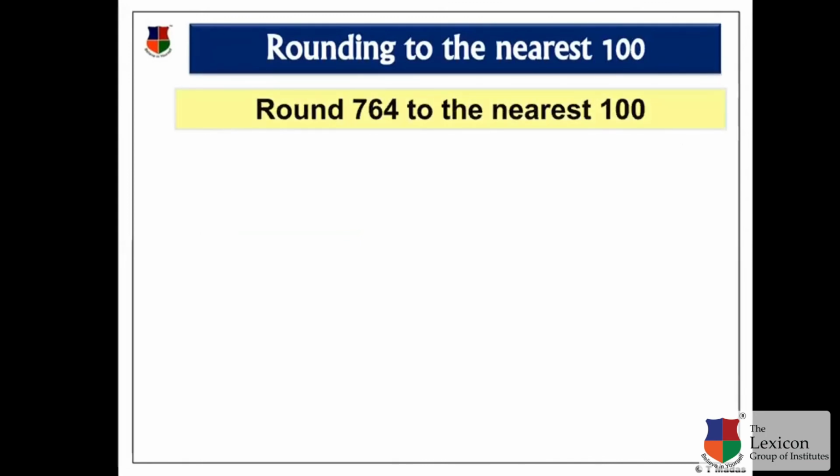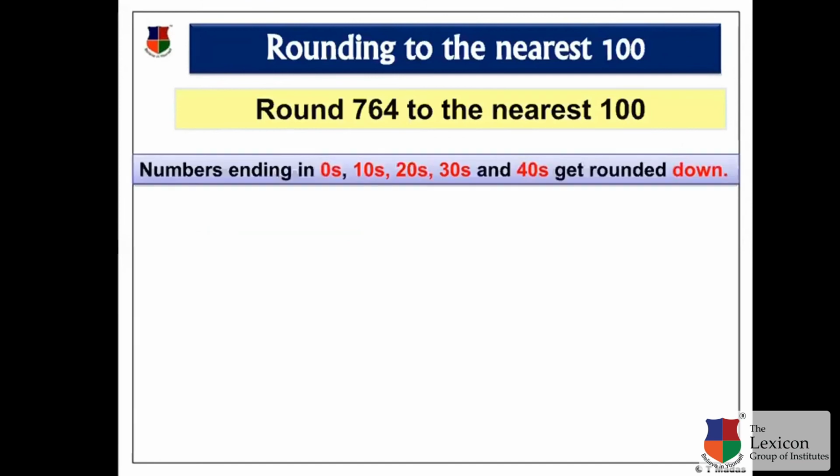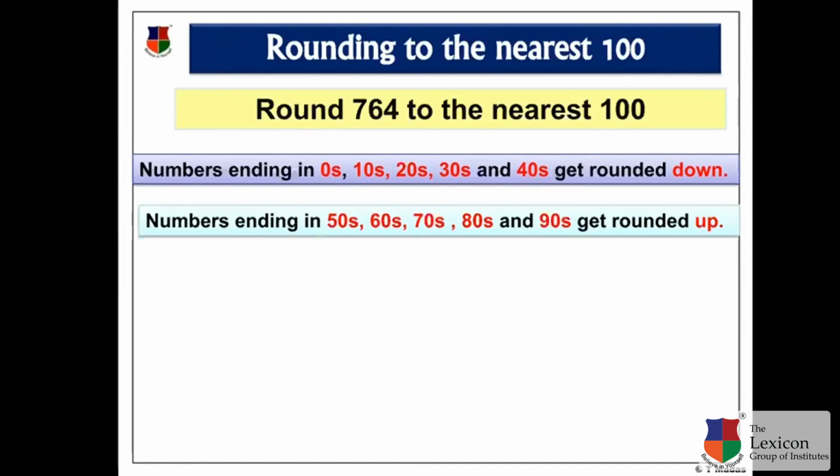Now, whether it is rounding off to the nearest tens or hundreds, the rules are the same. Now, look at this number, 764. We have to round off to the nearest hundreds. As per the rule, the numbers ending with 10s, 20s, 30s, 40s should get rounded down, and the numbers ending in 50s, 60s, 70s, 80s, and 90s get rounded up.